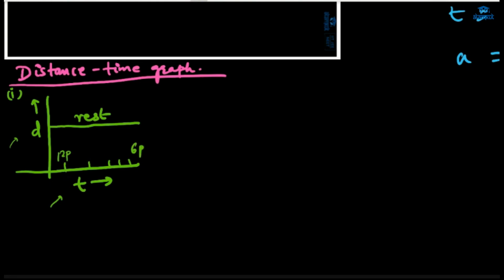Here your time is increasing. Time axis is increasing, but the distance is remaining the same. So what will be our graph? Suppose someone is noting down what you are doing.